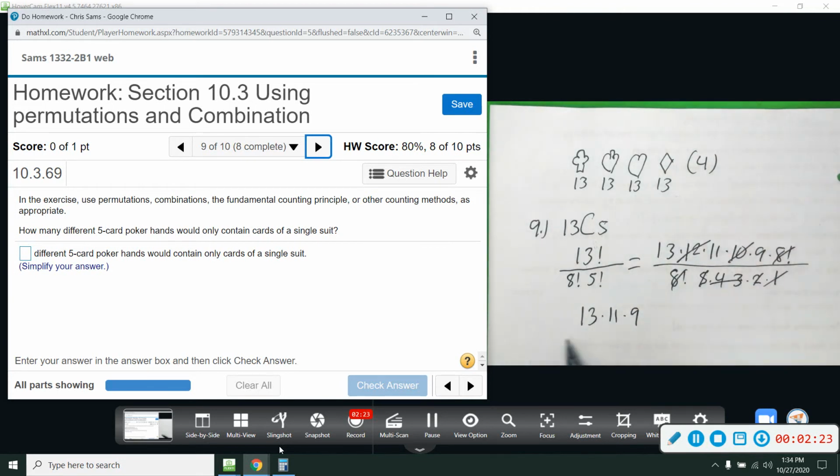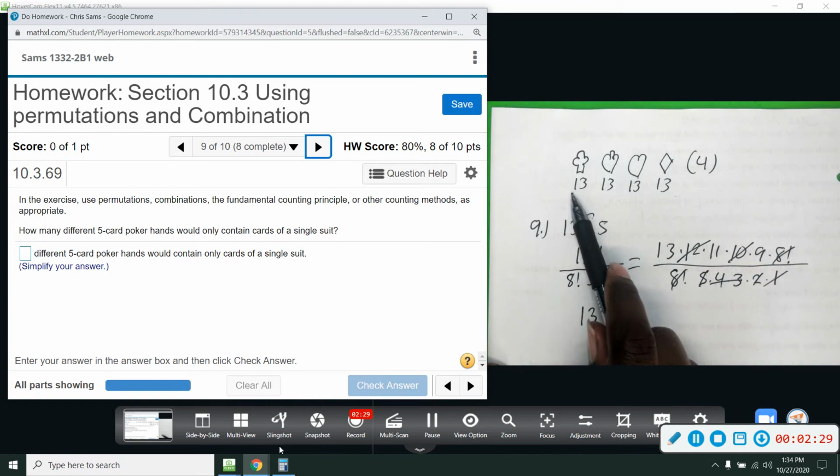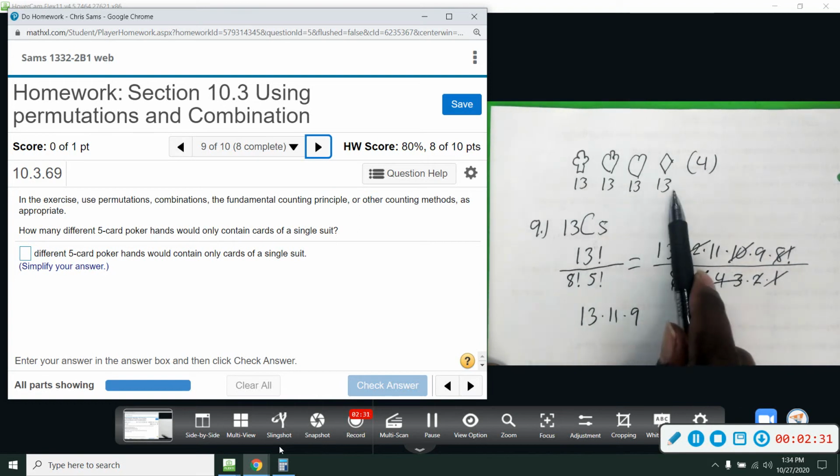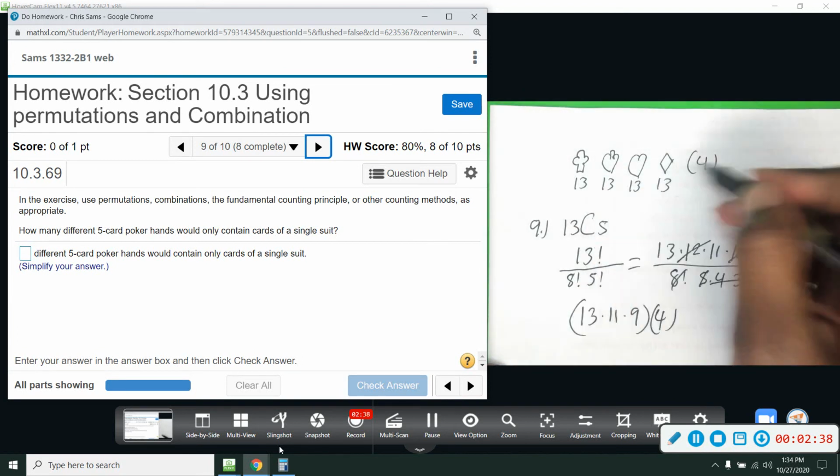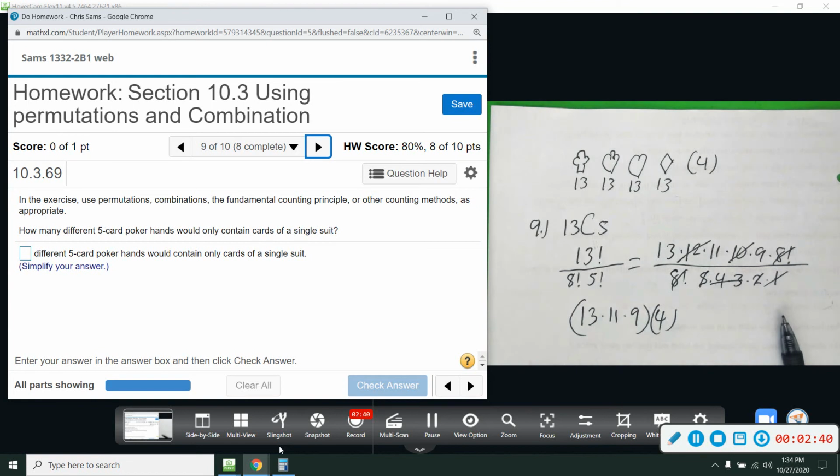So this is how many ways you can get a 5-card hand of only clubs. Since there are 4 suits, 1, 2, 3, 4, and we can do this for any suit, we have to take this number and multiply it by 4, because we have to consider this 4 times. That should give us all the possible ways of getting 5 cards of any single suit.